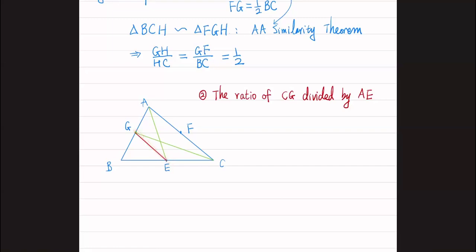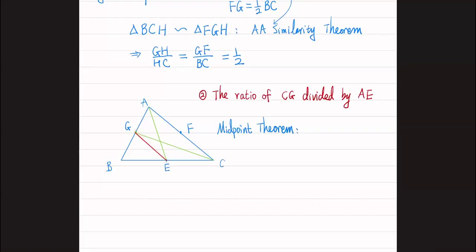Okay, Jessica. Again, we will apply the midpoint theorem. Amy, what does the midpoint theorem tell us about the segment?